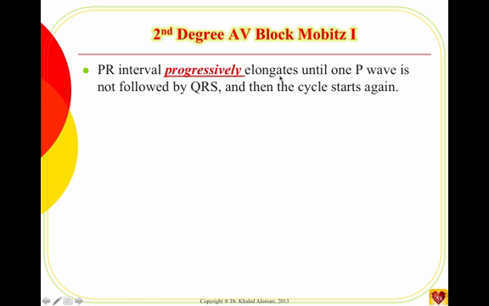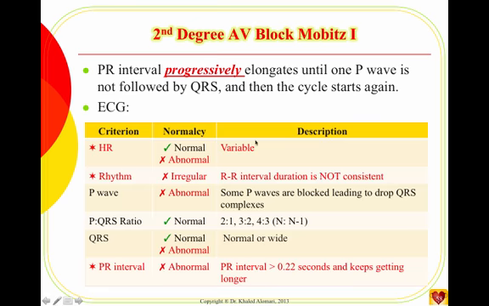Remember, in first degree, it's long, but it's consistent. Here, it keeps getting longer and longer and longer until it blocks 1 P. And again, think of the gate thing. What you will see, again, is the heart rate variable, but most likely lower than 60, because it keeps delaying.